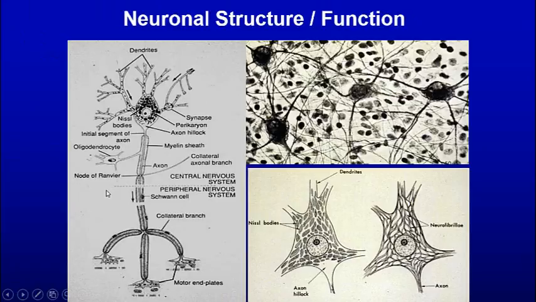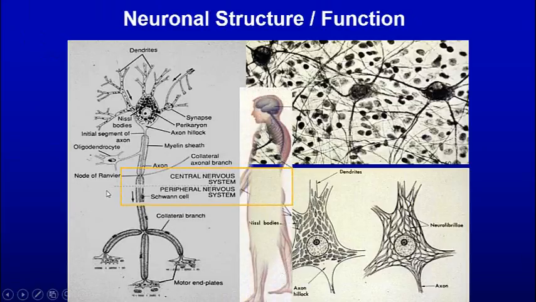So if we look at the central nervous system up through there, we have the cell bodies, Nissl substance. You have oligodendrocytes making myelin, and then when you get to the peripheral nervous system, you get the Schwann cells making the myelin.